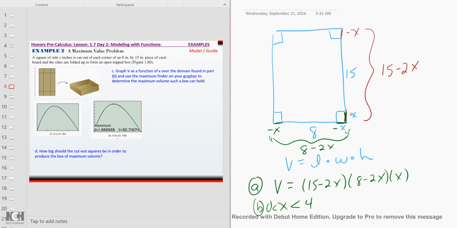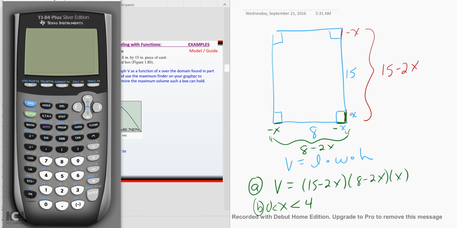For C, it says graph V as a function of x over the domain found in part B and use the maximum finder on your grapher to determine the maximum volume such a box can hold. So I've got a picture there, but I'm going to go back to my graphing calculator. We're going to go back to y equals. We're going to clear out everything we did before, and I'm going to type in my new function.